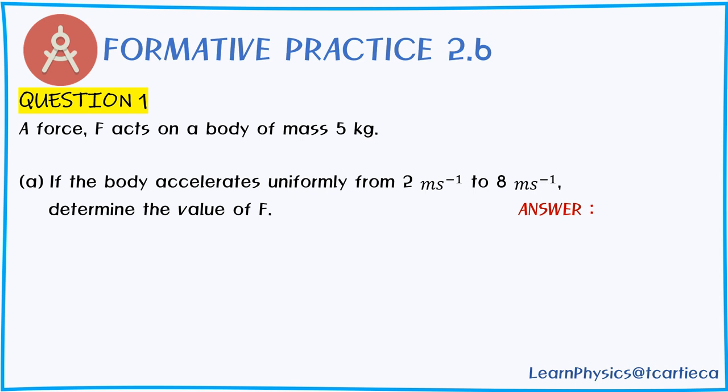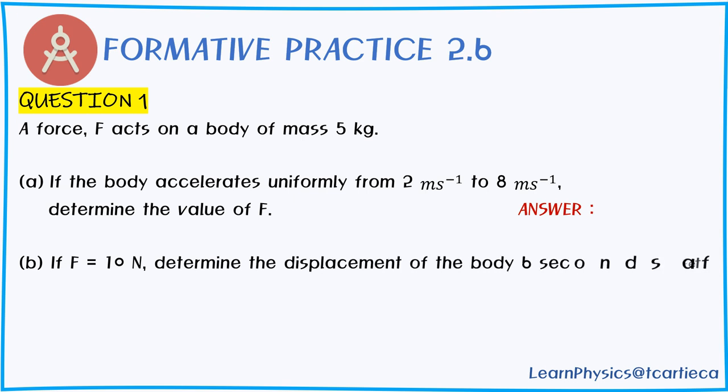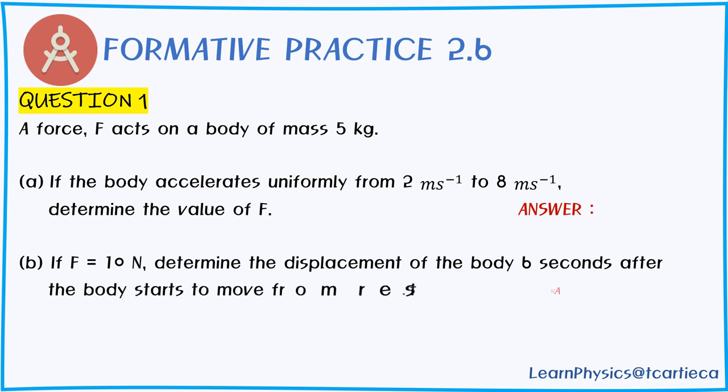Try to answer and we will discuss later. Okay, next B, force given 10 Newton. Determine displacement of the body 6 seconds after. Alright? So this is question number 1. You have to answer A, B.